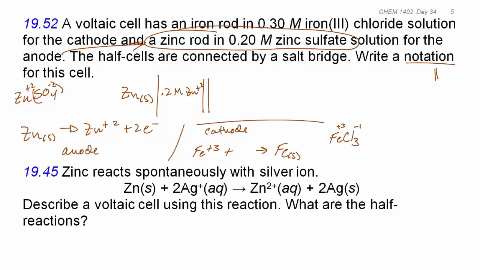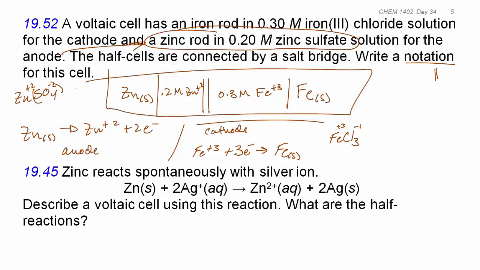How many would be 3? So I have iron plus 3 going to iron solid. So I have 0.3 molar iron plus 3 going to iron solid. So there is my final answer. There's my shorthand notation.